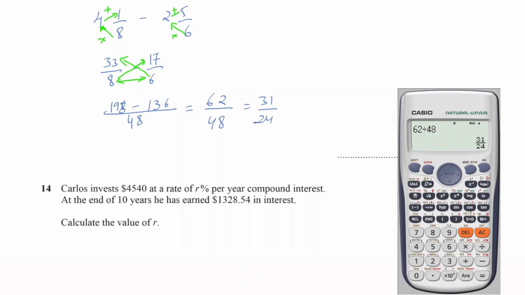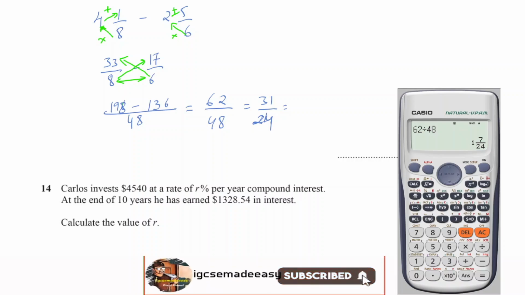But you should know that when the numerator is bigger than the denominator, it needs to be divided further, but it will be in decimal. That's why we make it a mixed fraction. If the numerator is bigger than the denominator, it should definitely go into mixed fraction. So press shift SD, and it will give you the answer in mixed fraction. You can do it in the calculator itself.